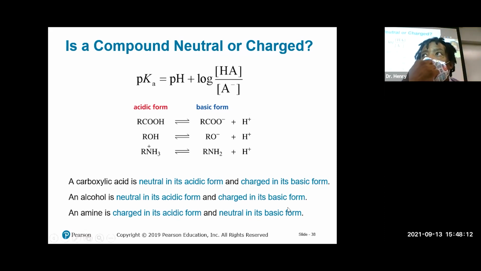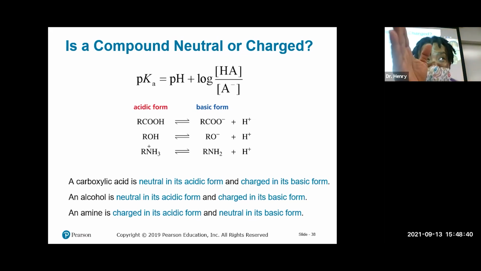Okay, and on the other side, it's charged in the basic form, it has a negative charge. Alcohol has a negative charge in its basic form, and then the amine is neutral in its basic form. So when it's a base, it's negative. The easiest way to remember this is ammonia.